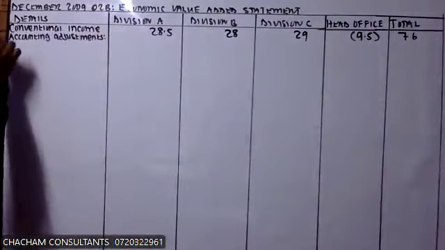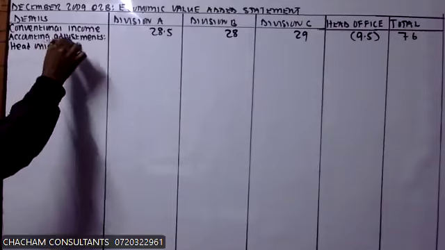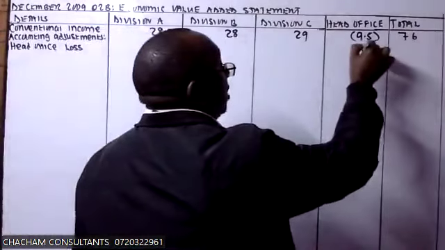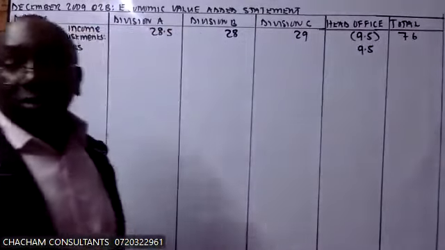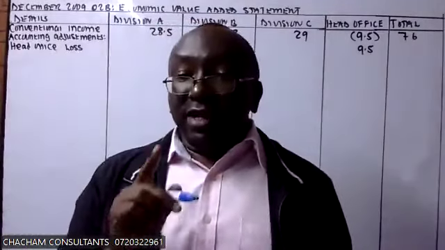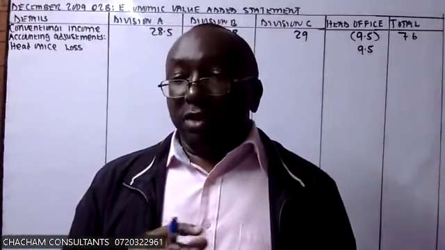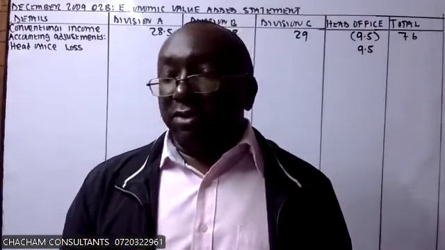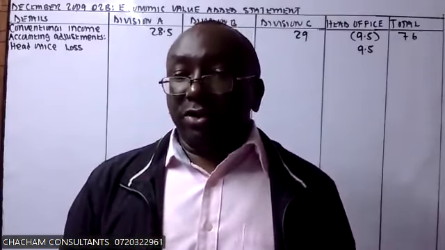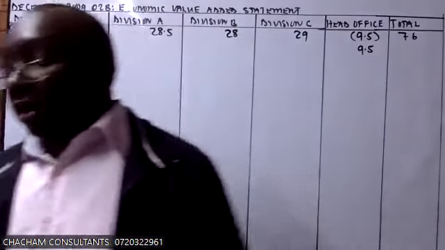So in this case, we start with the head office loss, this 9.5, and we make it positive there so that it goes to 0. Some questions will be very clear on how to share the head office; they will have given you the methodology. But if the question is quiet, we always use revenue.